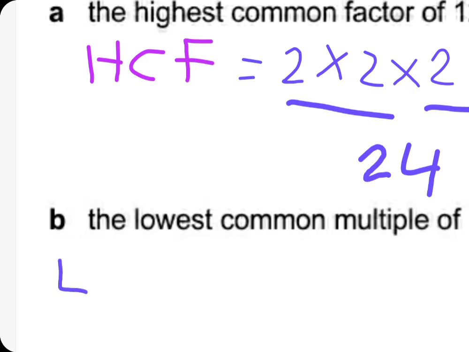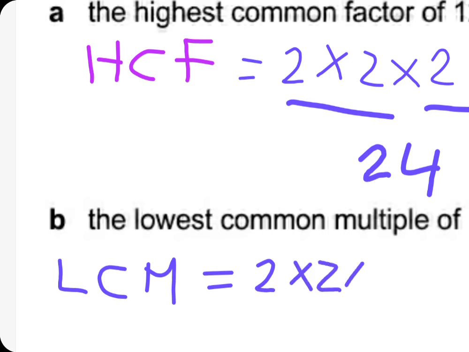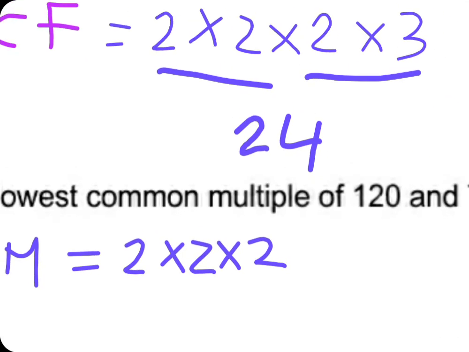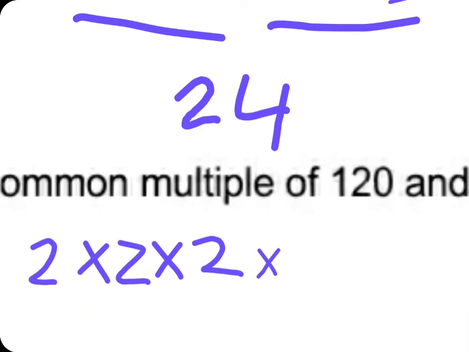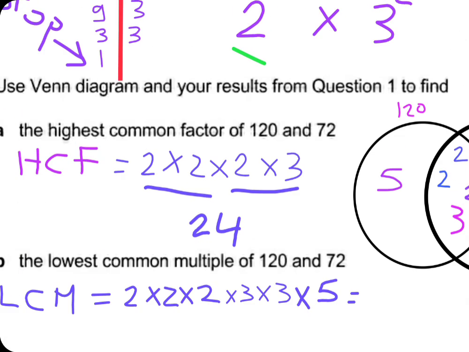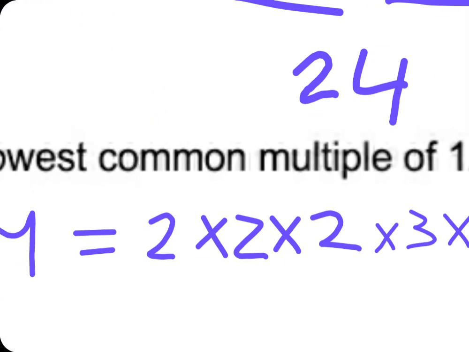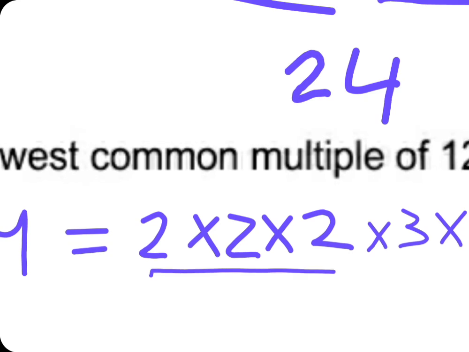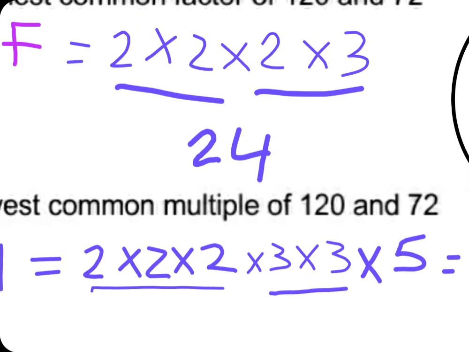So the LCM equals 3 2s, 1, 2, 3, and then 2 3s times 1, 2, and the 5, times the 5 equals, so it's what? It's basically 8, good, multiplied by 9, multiplied by 5.